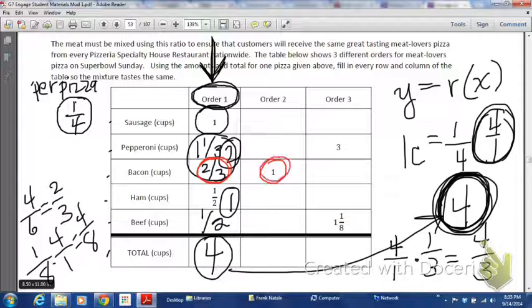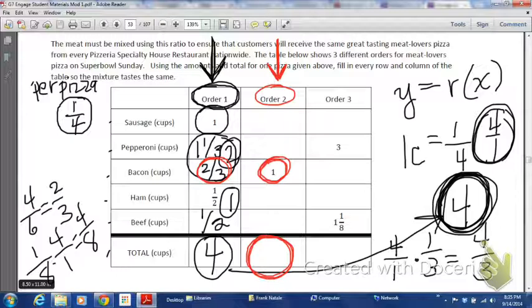If there is a whole full cup of bacon in order 2, is the total cups going to go up or is it going to go down? We're going to have more total cups in this order, or less? Hopefully you said more, because that is right, because 1 is more than 2/3.